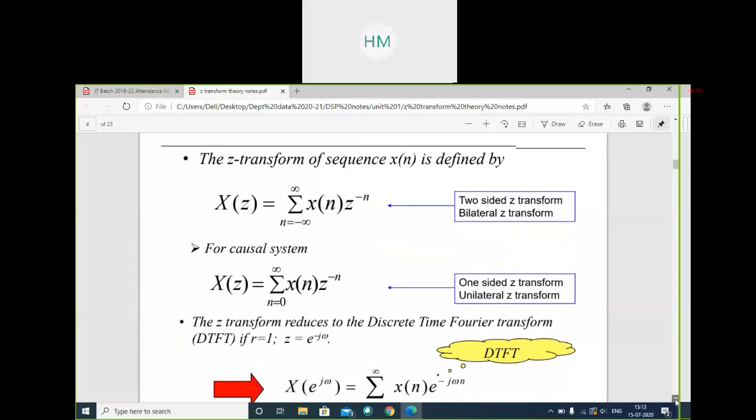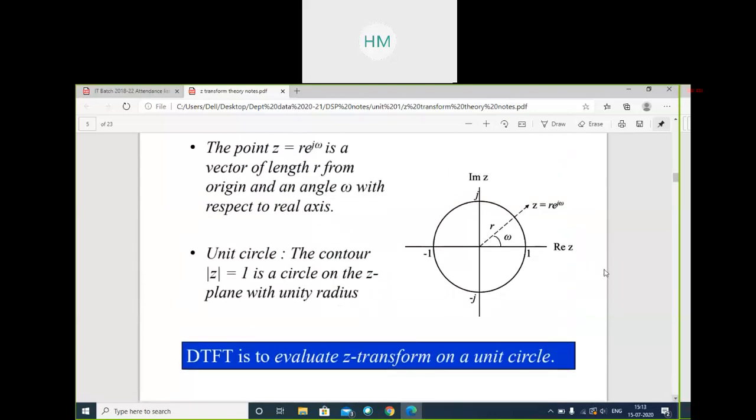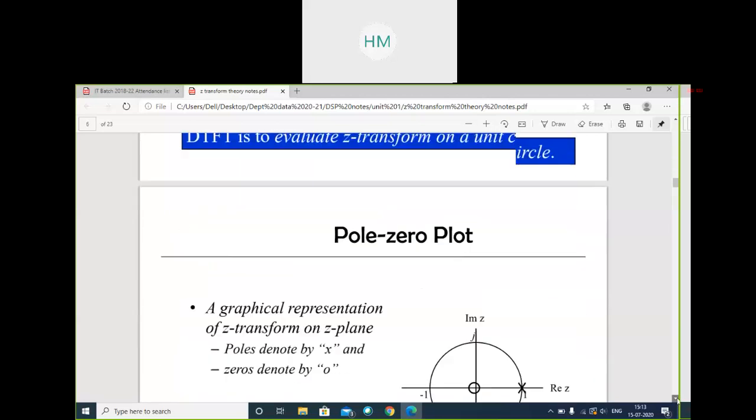In bilateral Z transform, the limit varies from minus infinity to infinity. This is my Z plane, unit circle of Z plane, which is very important, having unity radius, small r equal to 1. Real and imaginary terms will be associated with Z plane.